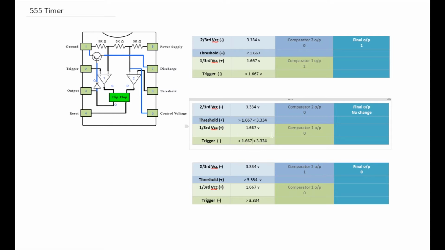In that case, comparator 1 is comparing 1.667 volts with a voltage greater than that on the inverting terminal, which causes the output to go to 0. Similarly, comparator 2, like earlier, still has an output of 0. And 0 and 0 on the flip-flop causes a no-change status, which means the output will remain as 1.